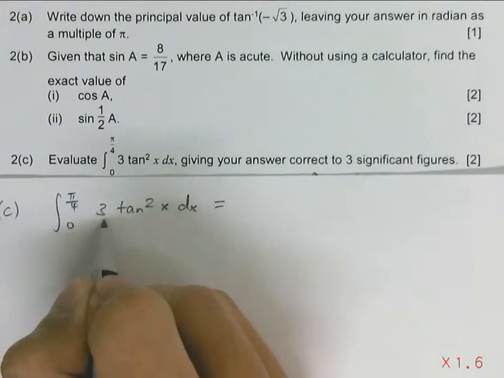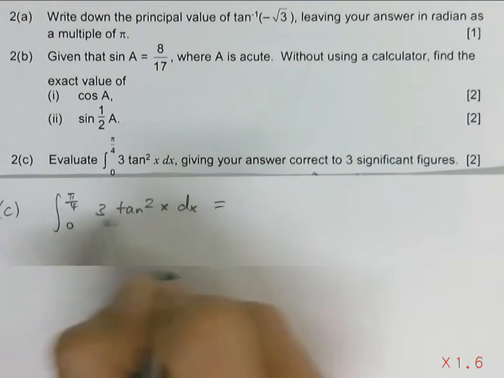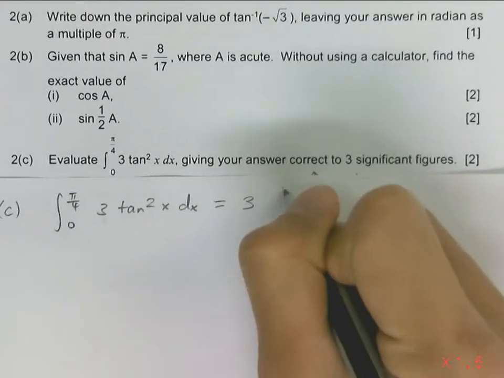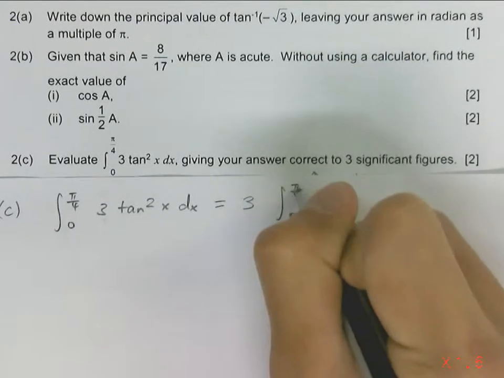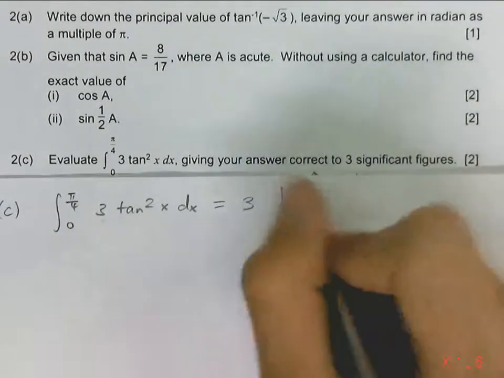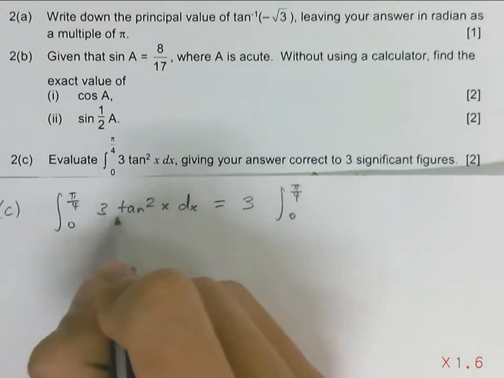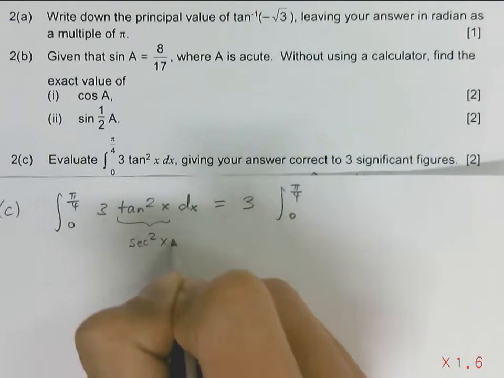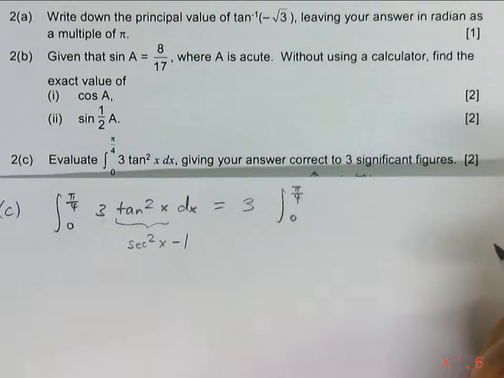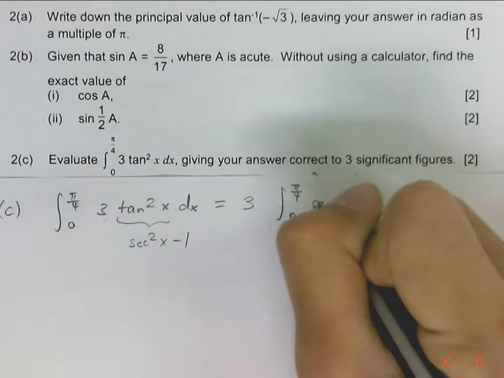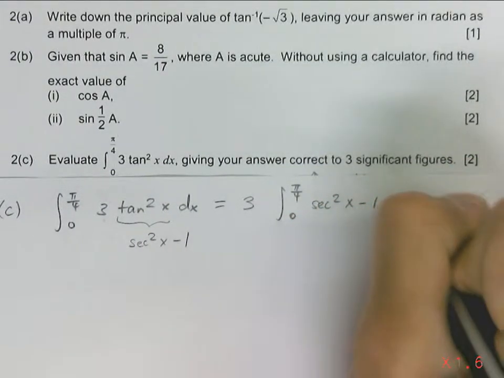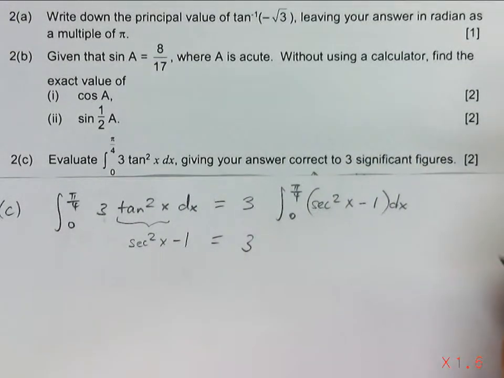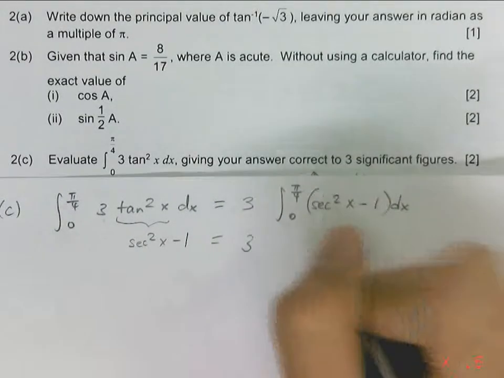An integral that has a constant outside doesn't affect the answer when you integrate, so you can just move it outside. So it will become 3 times pi over 4, integrating from 0 to pi over 4. Tangent squared, we'll change simply to secant squared minus 1. Now we can integrate secant squared x to tangent x.